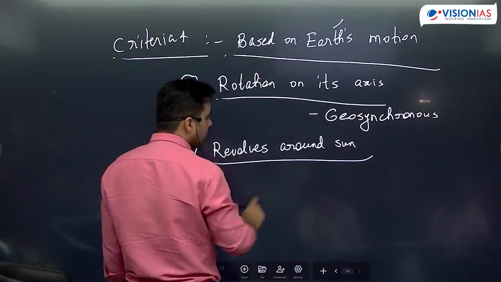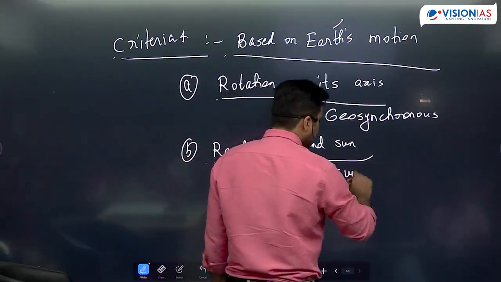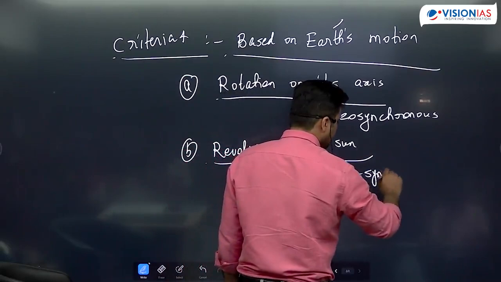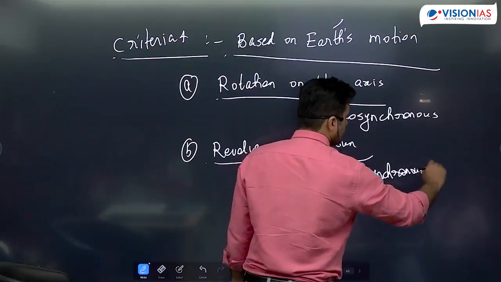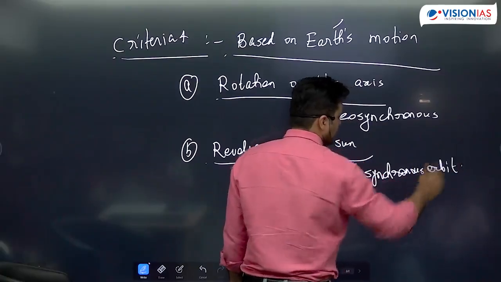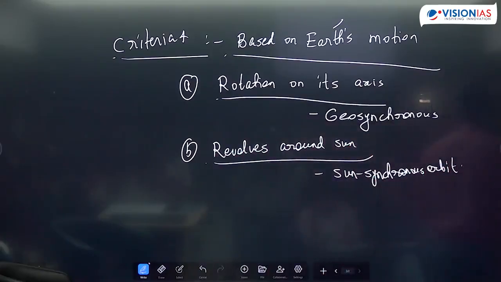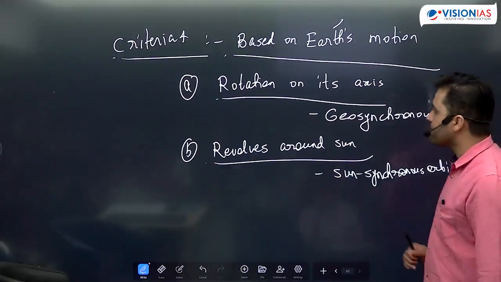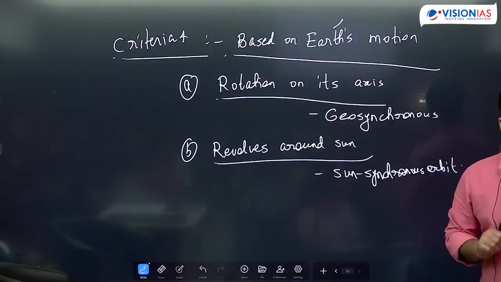If you have an orbit which maintains orientation with respect to the Sun, it is called sun-synchronous orbit. Both of these orbits are very special, with their own unique set of utility.